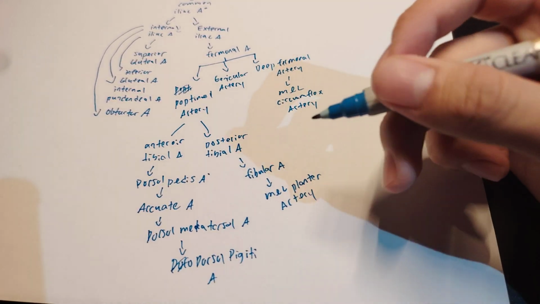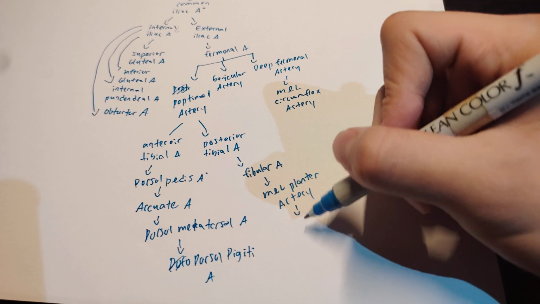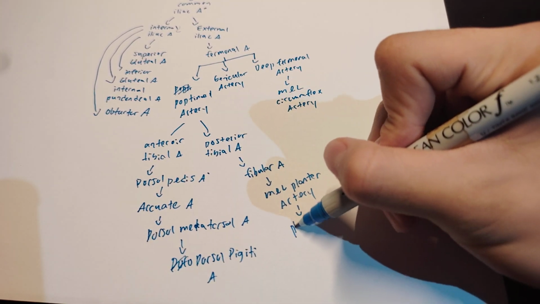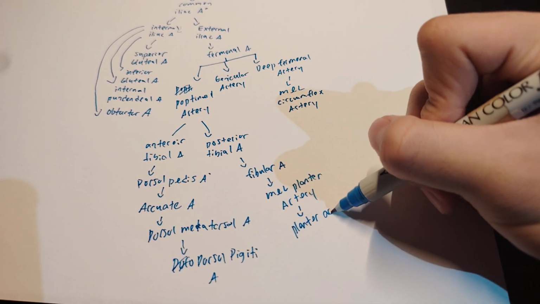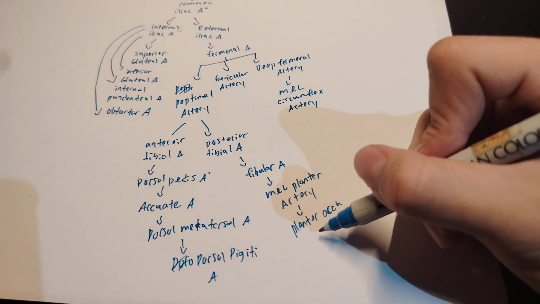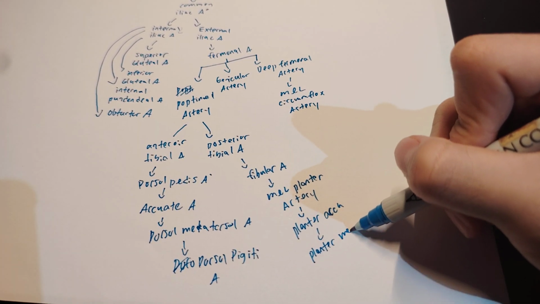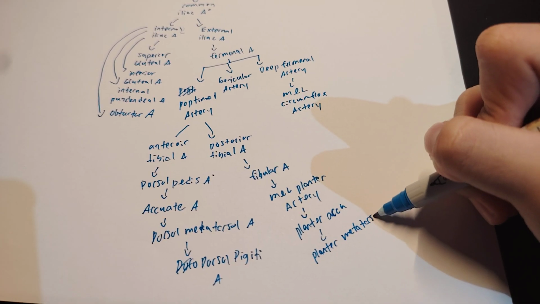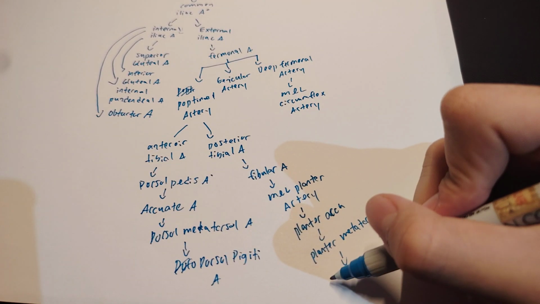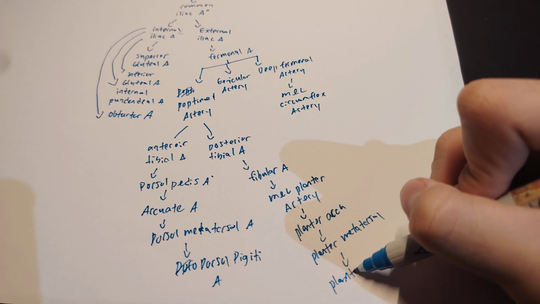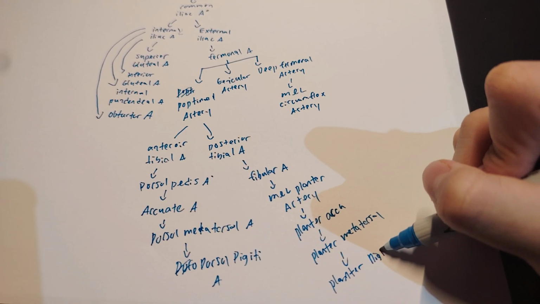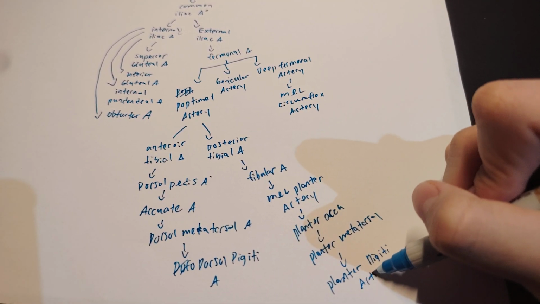The medial and lateral plantar artery is then going to split into this structure called the plantar arch. Plantar arch, then into the plantar metatarsal. Then the last one would be the plantar digital artery.